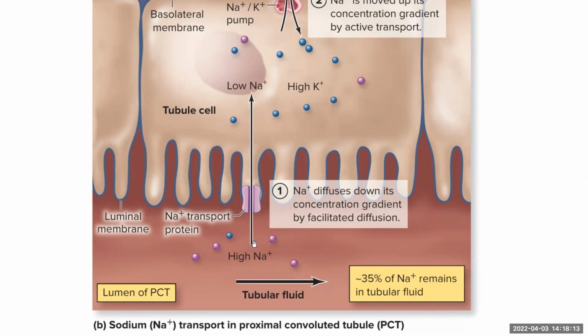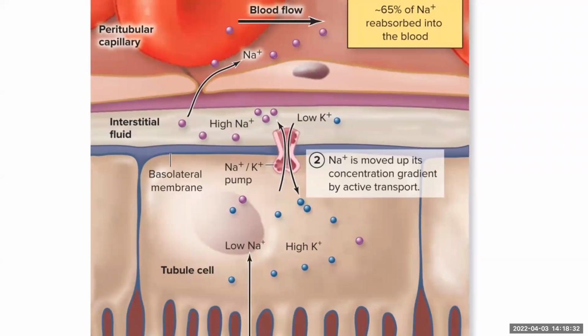So of course, sodium will move across the luminal membrane here of our tubule cell, and it's going to need help from our transport protein for facilitated diffusion. And it moves into the cell where the cell has a low concentration of sodium. Well, to get it out of the cell into the interstitial fluid, we rely on the sodium potassium ion pump.